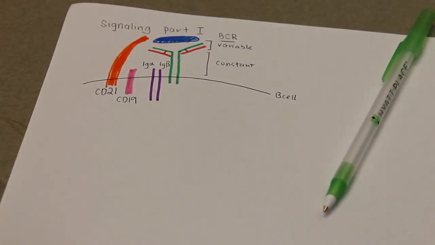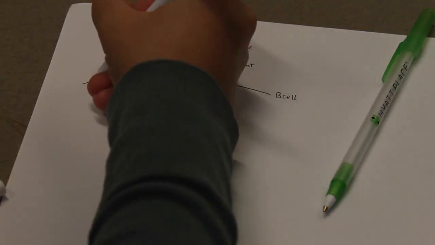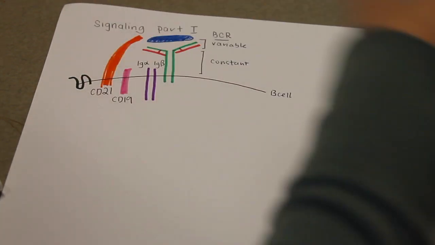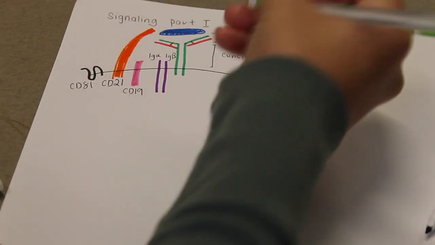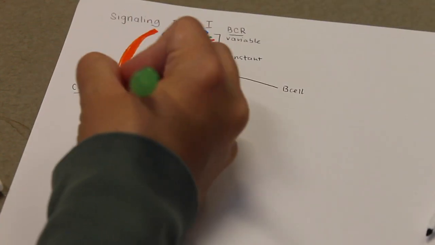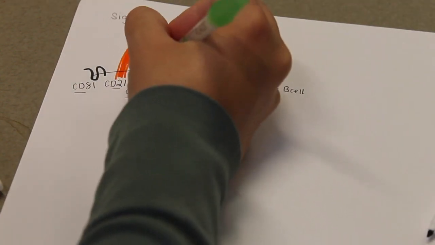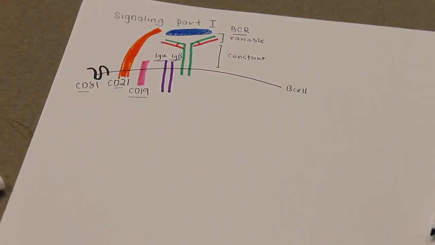And the last piece of the co-receptor is CD81, which actually passes through the membrane. So here are the key players of that co-receptor complex.